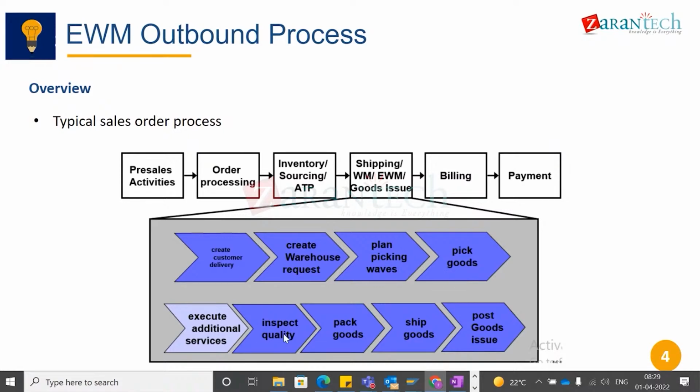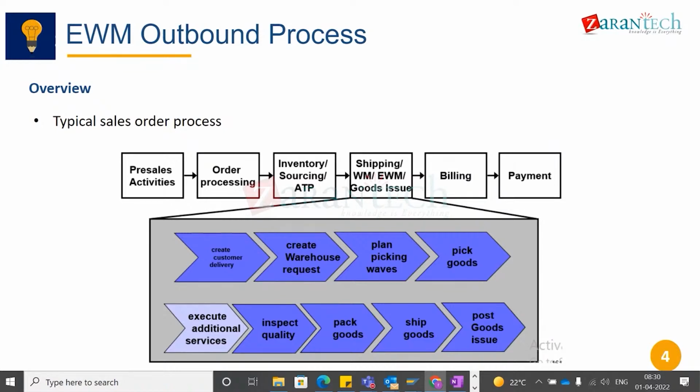Then once you complete all that, you can have the quality inspection here. Then packing the goods, then moving the goods from your packing work area to the staging area of the goods issue. Once you move the stock into the staging area, the staging activity can also be tracked.